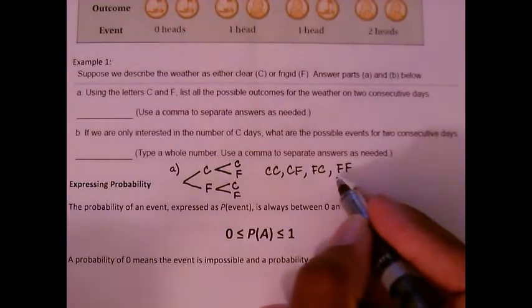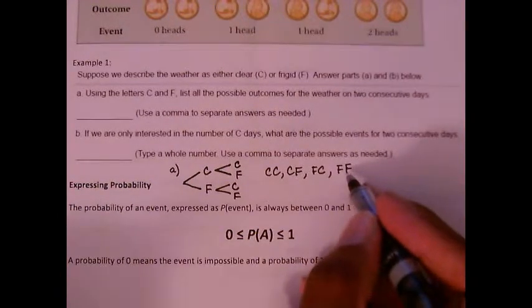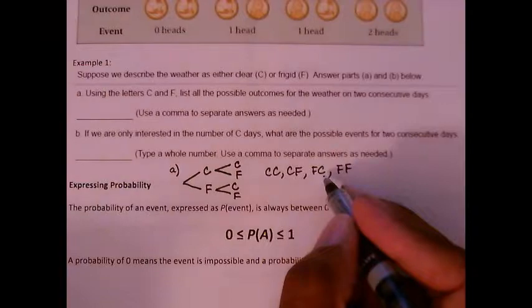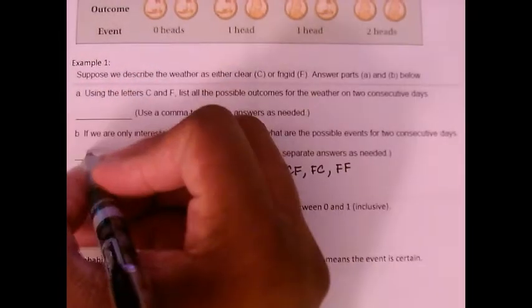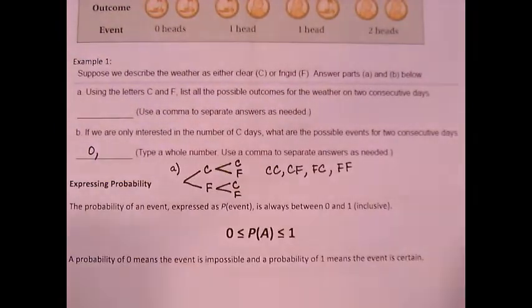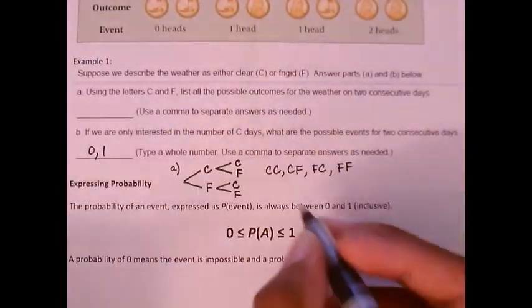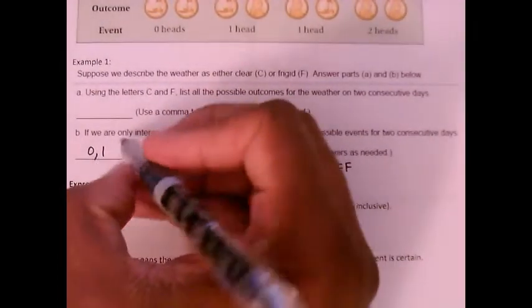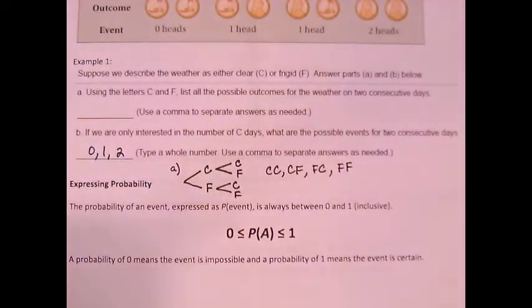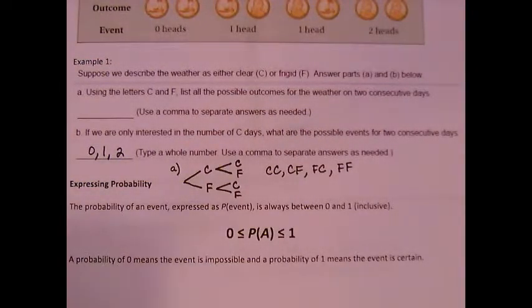So here, if we have frigid and frigid, there are no clear days. So I'm going to put 0 for no clear days. These two each have one clear day here. And this one has 2 clear days. So here, the possible events will be 0, 1, or 2, just like if we were tossing 2 coins.